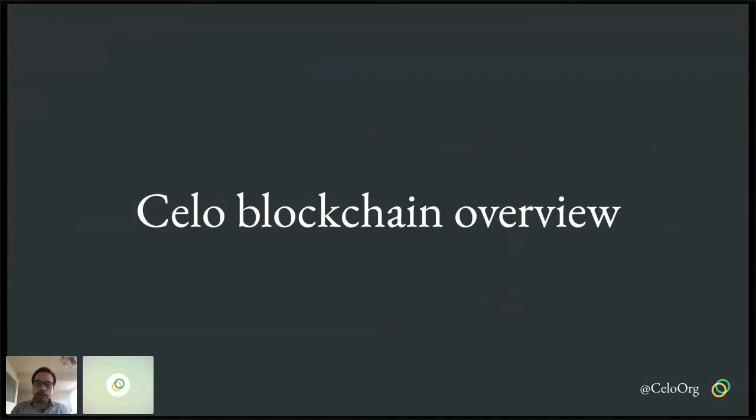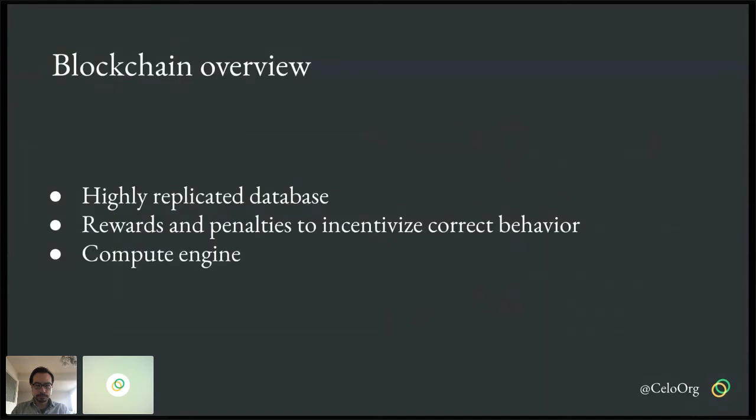So I'll first start off with a quick overview of what a blockchain is, and then discuss some of the distinctive parts of the Celo blockchain. So at its core, a blockchain is a highly replicated database with an immutable transaction history.